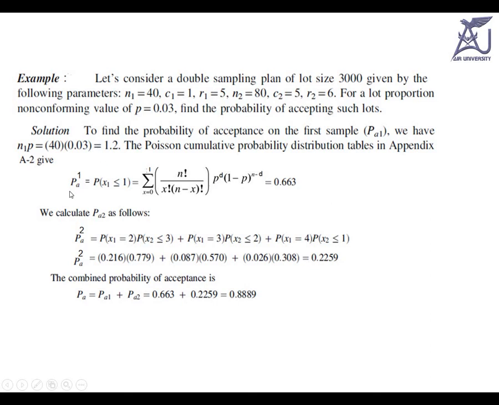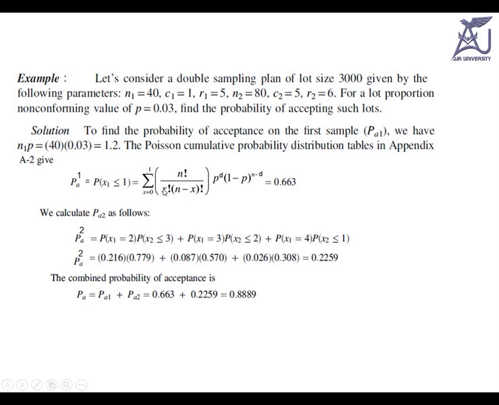You want to find out the probability of acceptance of the double sampling plan. As I discussed earlier, first of all you will find out the probability of acceptance on the basis of the first sample. If you look at this first sample, C1 is equal to 1, so if defectives are 1 or less, you will accept the lot.